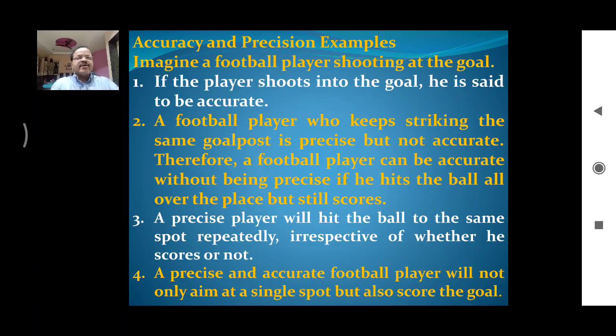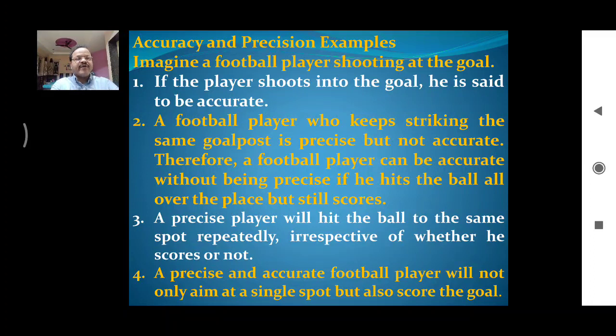Now let us see an analogical example of accuracy and precision, to understand what is accuracy and what is precision. So imagine a football player shooting at the goal. Now let's consider the four cases. In the first case, if the player shoots into the goal, he is said to be accurate.